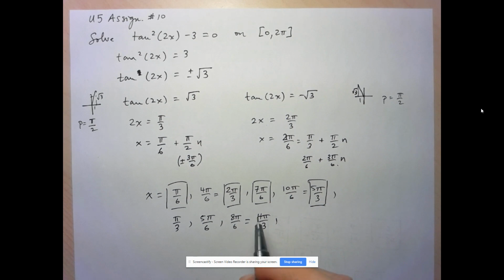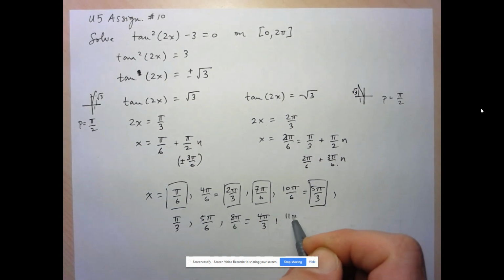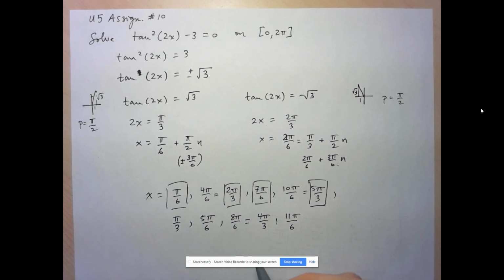Then 8 plus another 3 is 11 pi over 6. We're not going to go any further because if I add another 3, 14 pi over 6 is too big. So the answers here are pi over 3, 5 pi over 6, 4 pi over 3, and 11 pi over 6. So 8 answers in all.